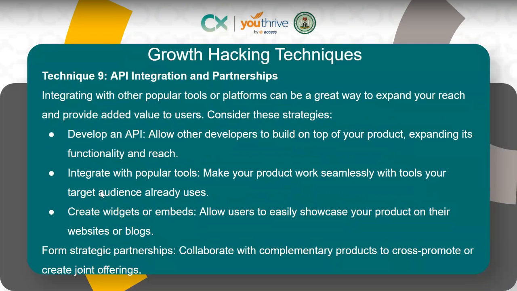The ninth one is API integration and partnership. Integrating with other popular tools and platforms can be a great way to expand your reach and provide added value to users. Consider this strategy: develop an API, and allow other developers to build on top of your product, expanding functionality. So you make your product, or some areas of the product, open source such that developers can build.